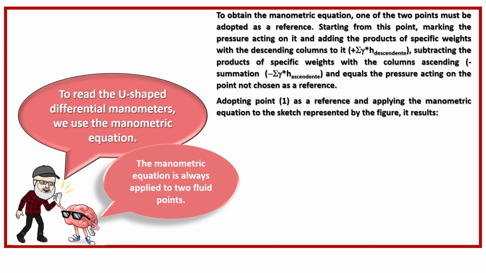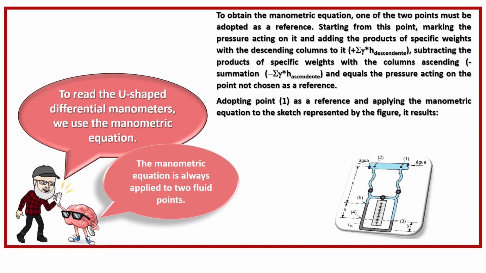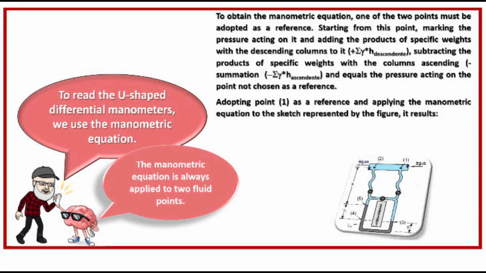Starting from this point, marking the pressure acting on it and adding the products of specific weights with the descending columns, summation gamma times descending heights, subtracting the products of specific weights with the ascending columns, summation gamma times ascending heights, and equals the pressure acting on the point not chosen as a reference. Adopting point 1 as a reference and applying the manometric equation to the sketch represented by the figure, it results.